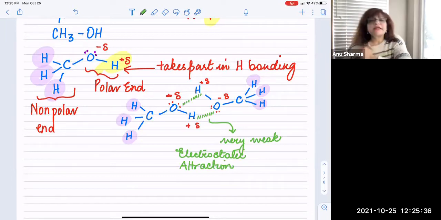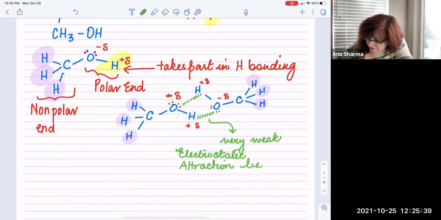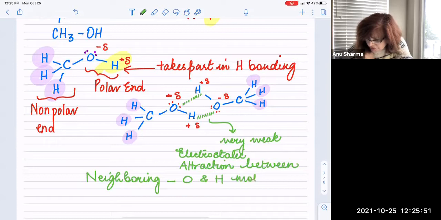Very weak electrostatic attraction between neighboring oxygens and hydrogen atoms.